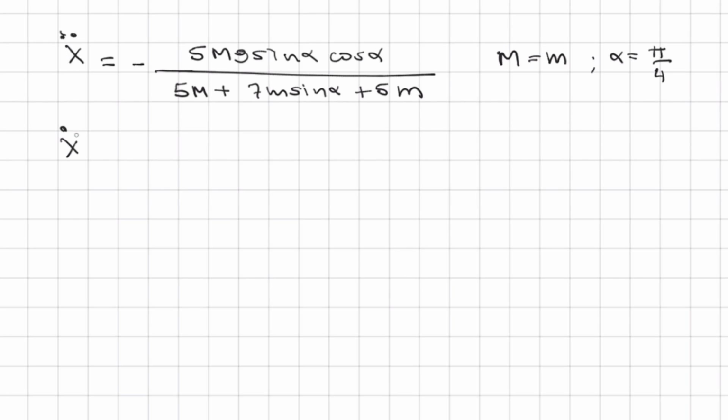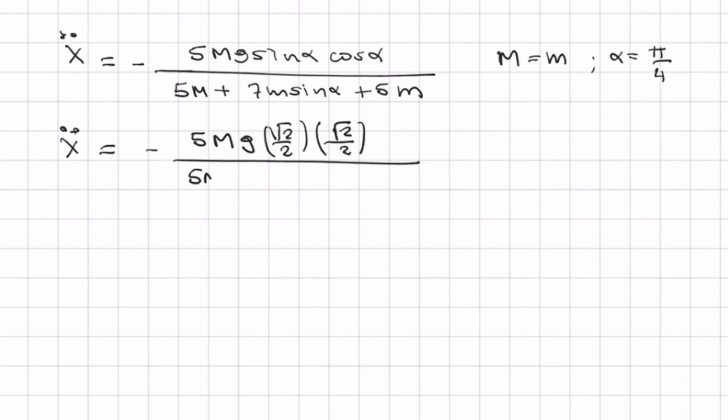Then when we do that, we have 5m g, okay, sine of alpha is square root of 2 dividing 2, cosine of alpha is square root of 2 dividing 2, dividing 5m plus 7m. We know the mass of the ball now is equal to the mass of the wedge. Sine of alpha is square root of 2 dividing 2 plus 5m.